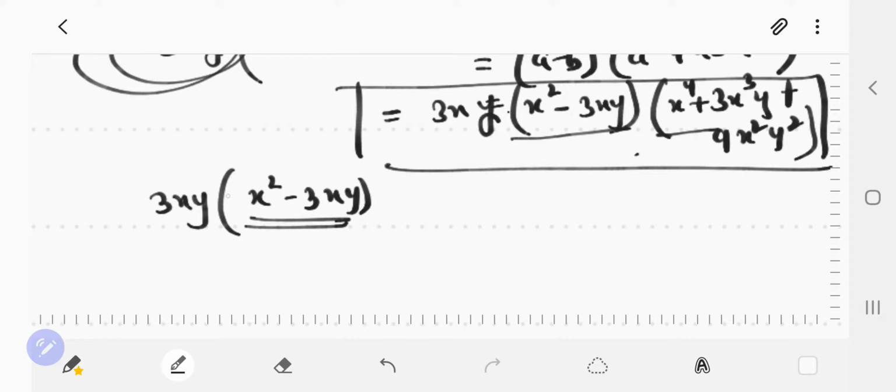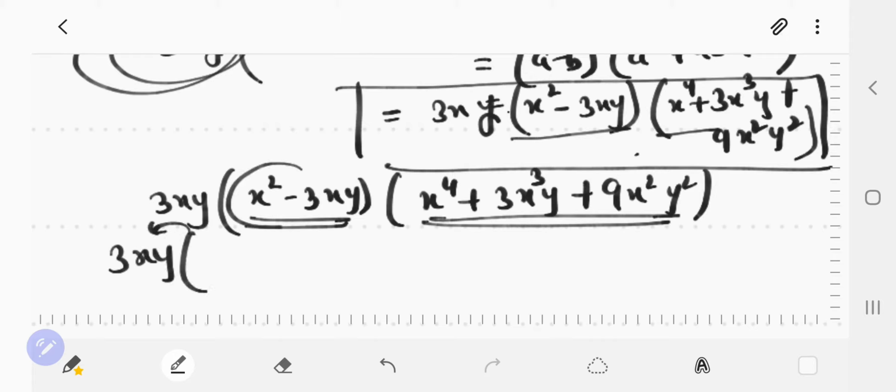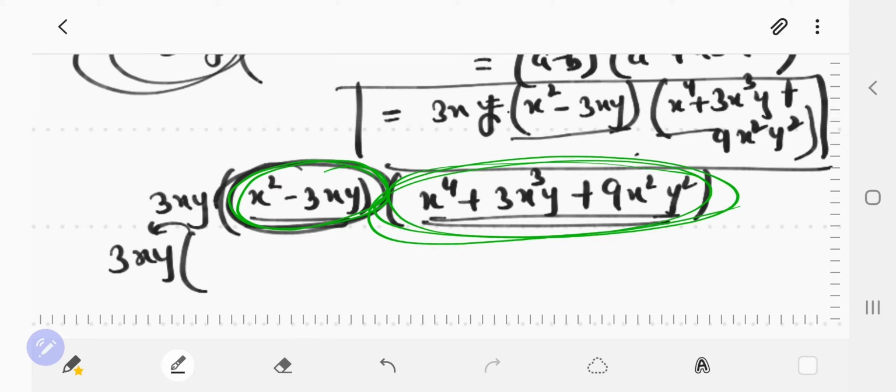So from this also you can take x common outside, and from here x^4 plus 3x cube y plus 9x square y square. From here also, if you notice, you can take x square common. So in a way 3xy will stay, from this one you took out an x common, and from this one you took out x square common. So from here one x and from here x square, so in total you took out 3x outside, and this one x^4, so the answer will be 3x^4y and inside what is left?